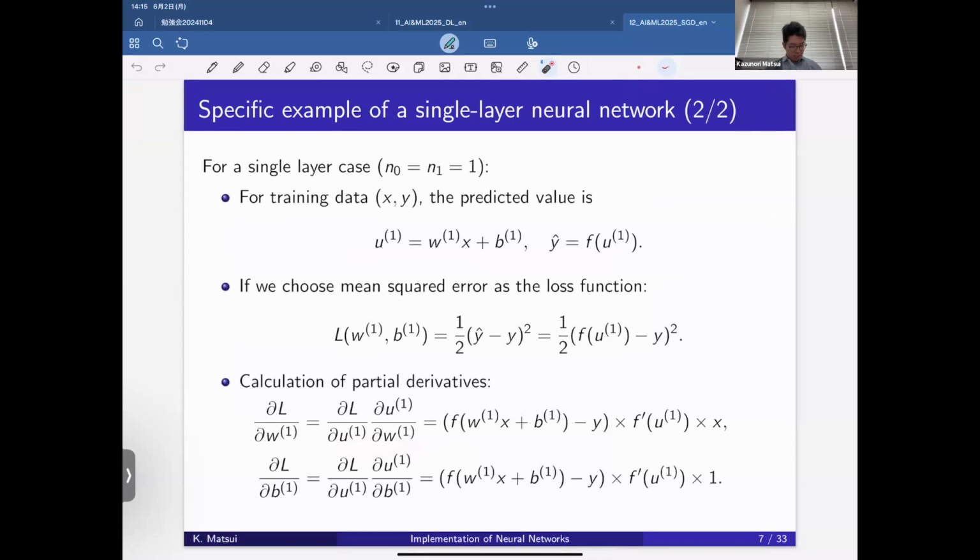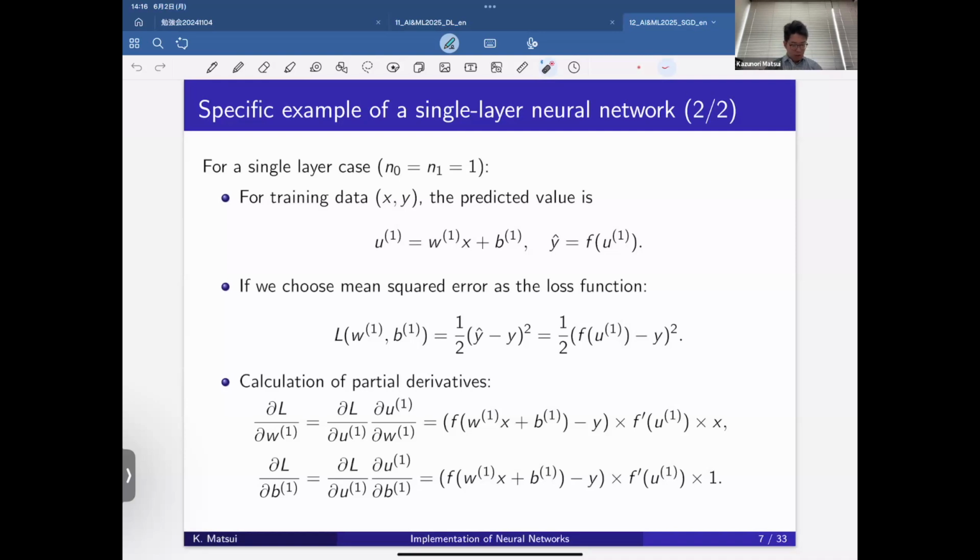Since u1 is a function of w1, when we take the partial derivative with respect to w1, we multiply the partial derivative of L with respect to u1 by the partial derivative of u1 with respect to w1.